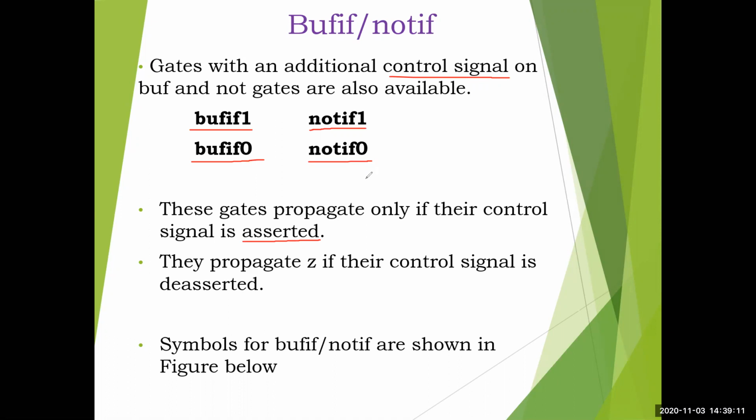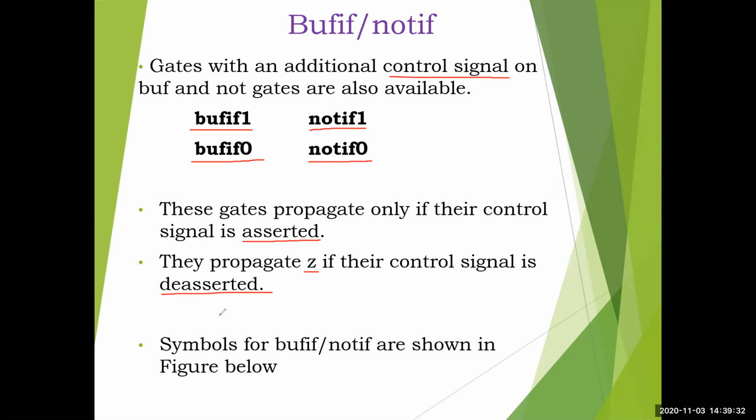Otherwise, no. They propagate Z if their control signal is deasserted. If the control signal does not provide the required value, the output will be Z by default. Whatever input, 0 or 1, comes in, if the control signal is not asserted the output is Z itself. That is the additional thing.